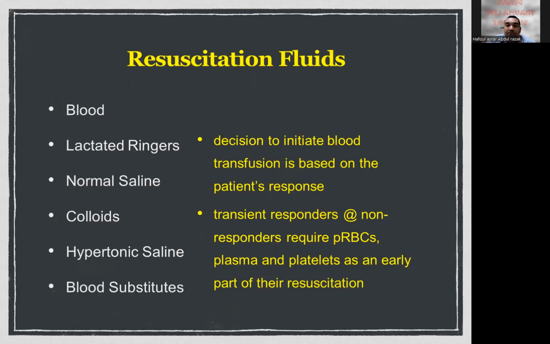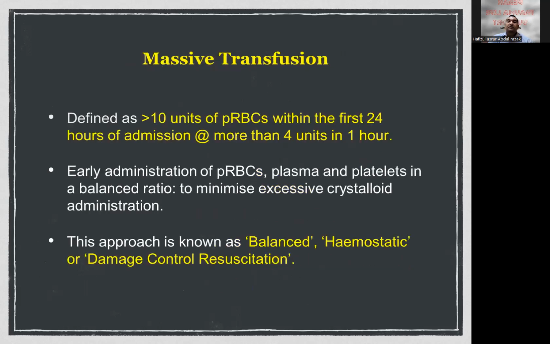And there is a scoring system that can be used. One of the scoring systems is the ABC score. This ABC score can be used to decide whether a patient needs an MTP or not. Okay, so massive transfusion protocol, MTP, basically.